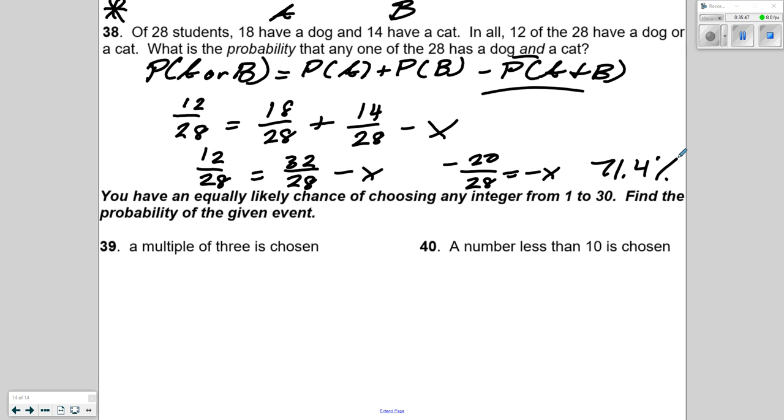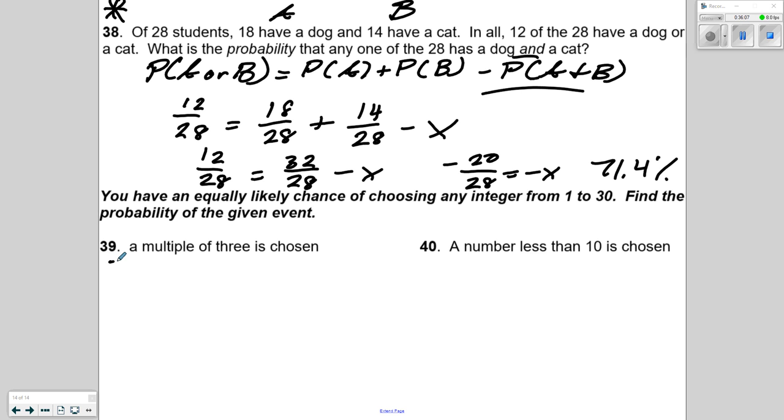All right, last two. You have an equally likely chance of choosing any integer from 1 to 30. Find the probability of the given event. So 39 states a multiple of 3 is chosen. So we have to figure out how many multiples of 3 there are from 1 to 30.